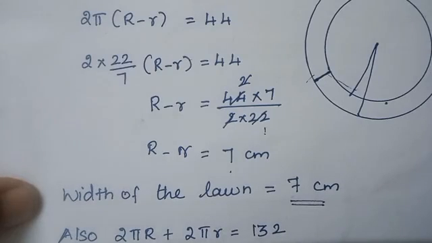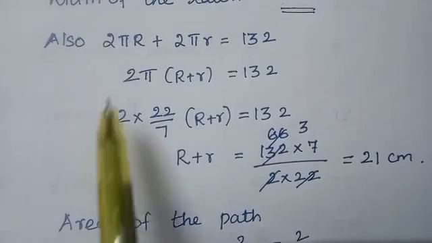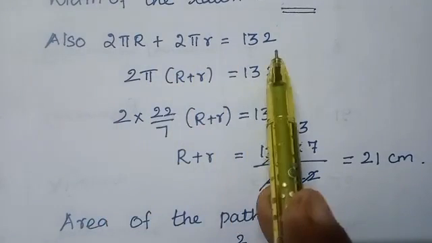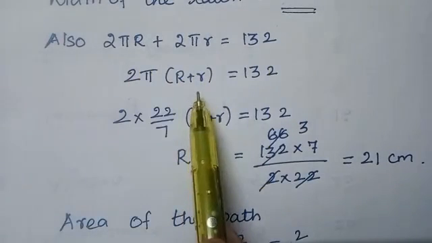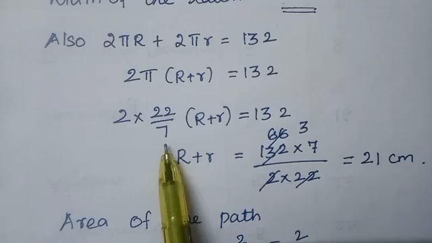Next we are going to find out the area of the lawn. For that we can add the circumferences. 2 pi capital R plus 2 pi small r equal to 132. 2 pi outside, capital R plus small r equal to 132. Pi equal to 22 by 7.